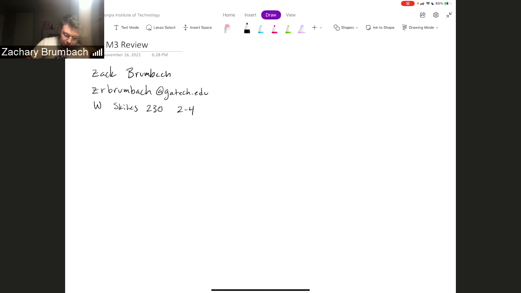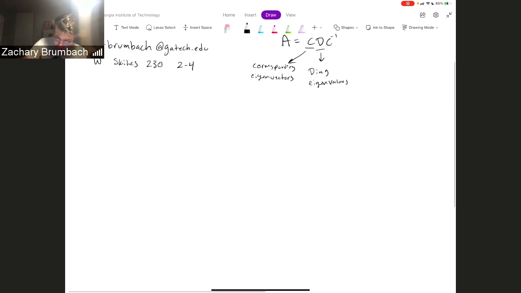As I'm sure you are very familiar with by now, A equals C D C inverse, where D is the diagonalized eigenvalues and C is the corresponding eigenvectors. Let's have a 3 by 3 for D: lambda 1, lambda 2, and lambda 3, with zeros everywhere else.